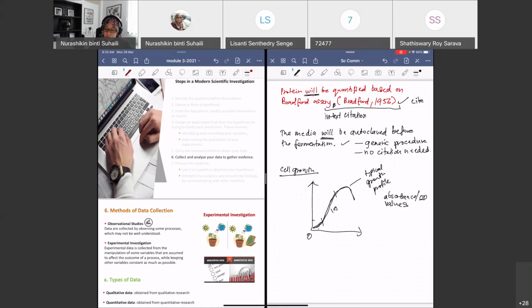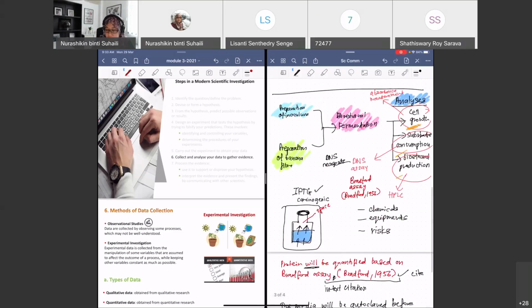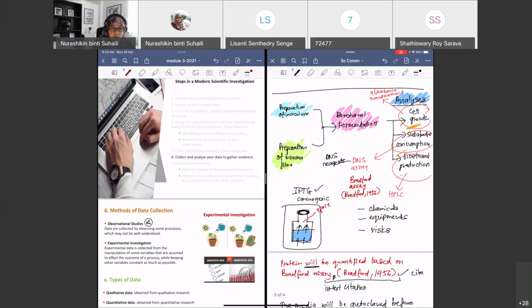So from 0 hour or maybe at 2 hour, you will see the OD reading is 0.2, maybe at 6 or 8 hour it is increasing to 0.5, and here is 0.8. So they must be increasing. If it is not increasing, it shows that there is no growth. And if there is no growth, in this case, there will be no bioethanol, right? So that's how you know whether your fermentation works or whether your experiment works or not.